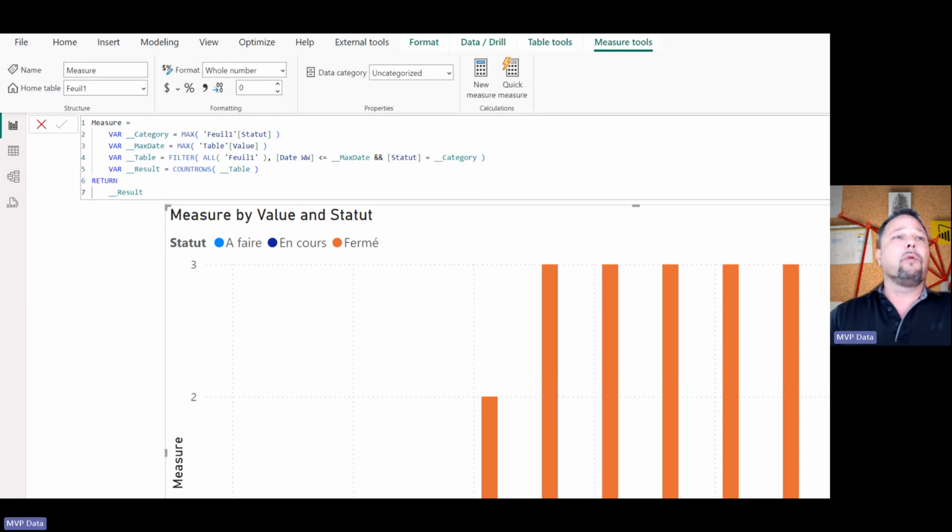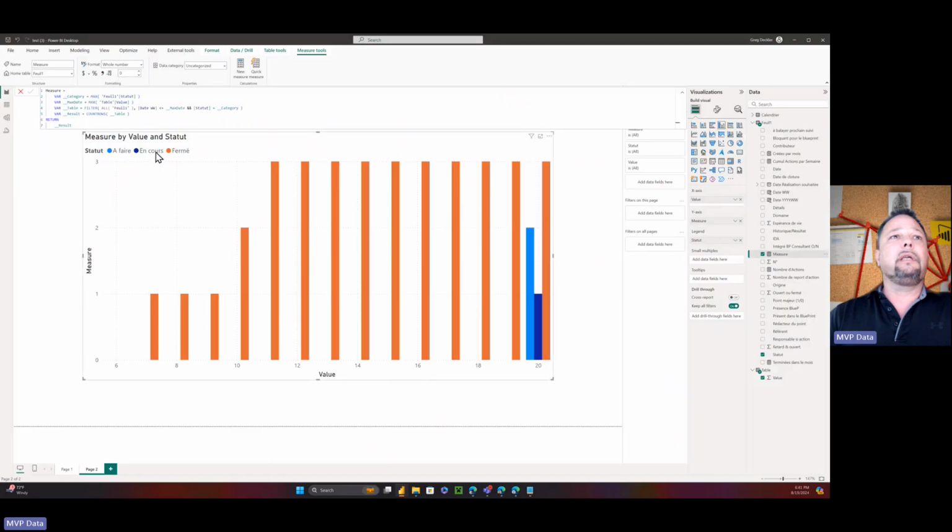Then I count the rows in that table. As you can see, it gives me a cumulative total or a running total across all of the weeks, because now, because I'm using this disconnected table, these weeks actually exist in the x-axis. They're not just artifacts because the x-axis was set to continuous.